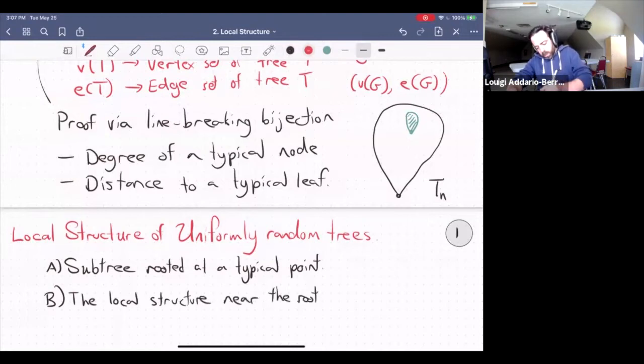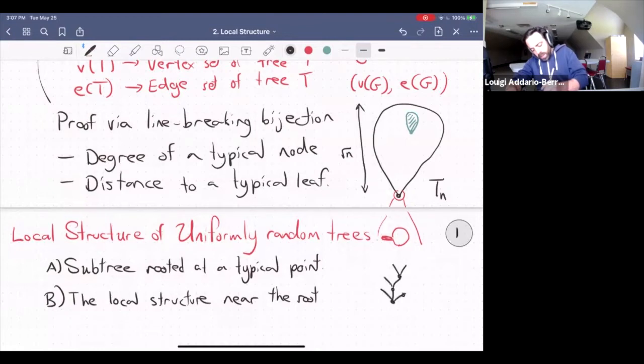From this perspective, you imagine that you take a magnifying glass. We saw that in this tree, the distance to a typical leaf was of order root n. But now when I say local structure, I'm really going to zoom in around the root vertex of the tree and ask what kind of tree I'm likely to see nearby.